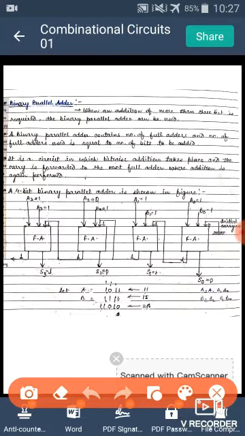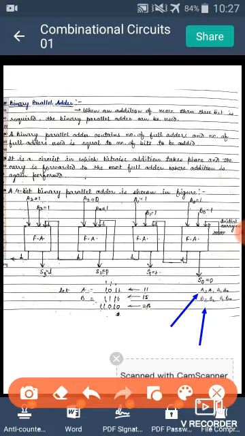Here the thumb rule follows: whatever the number of bits you want to add, we have to design that amount of full adders. Suppose we want to add 4 bits at a time, like A3, A2, A1 and A0, and the second number has the bits B3, B2, B1 and B0.